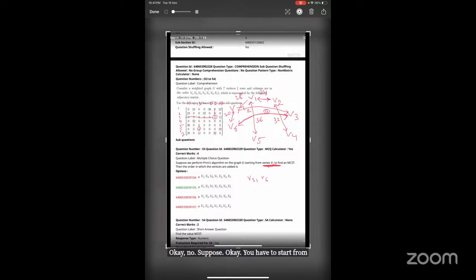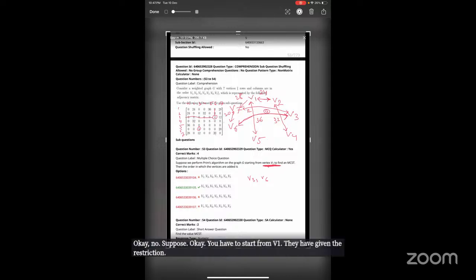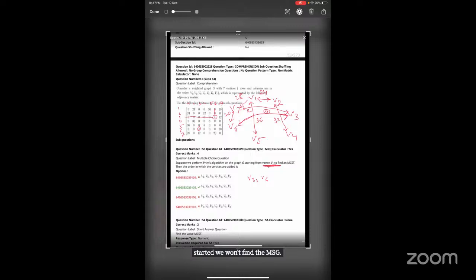They have given the restriction: start from V1 and find the MST. So we have to start from V1.